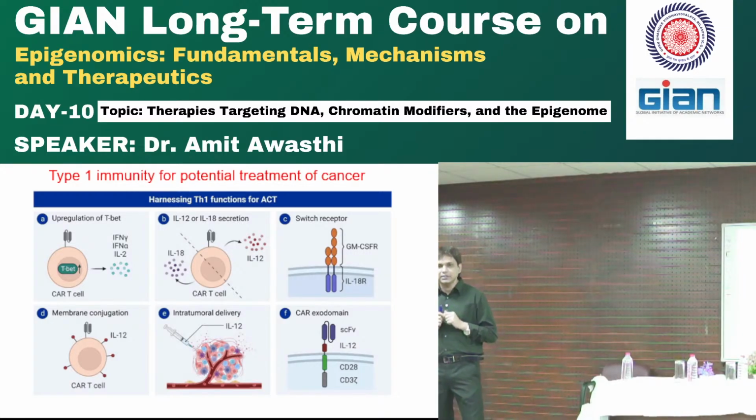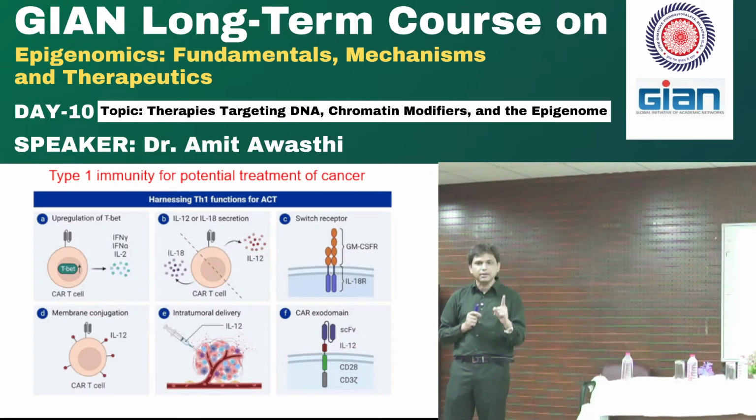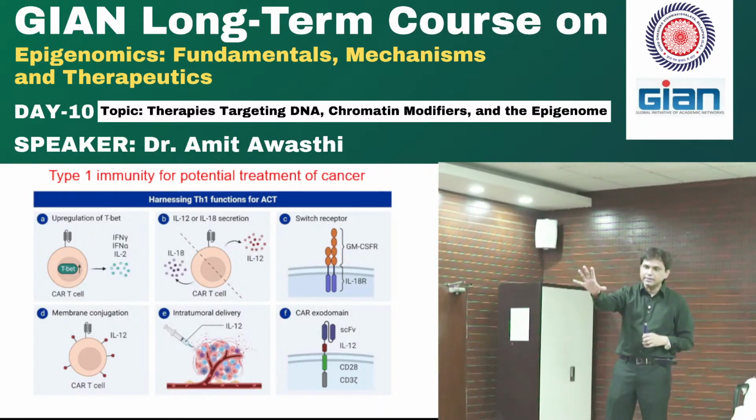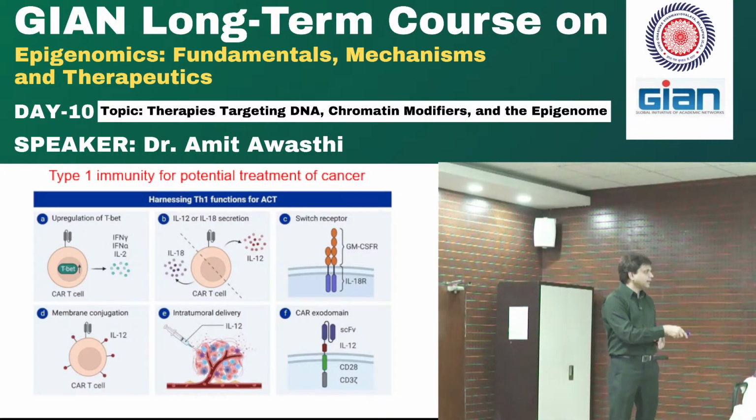Why are we picking CD19? Because CD19 is a marker of B cells. Every single B cell will express CD19. And if B cells are proliferating because of a mutation, you have more CD19 in your blood. So you want to delete CD19, and that's why you are taking the anti-CD19 antibody scFv.